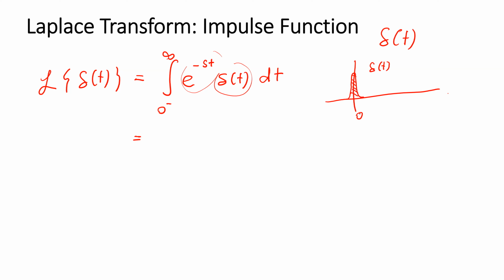I think we should know this property. When we have a force function multiplied by a direct delta, maybe with a time shift, by definition the direct delta has a value only at that time point.